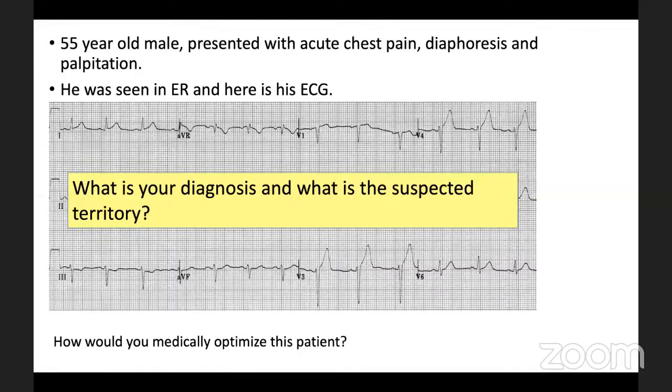Of course, the patient is in the emergency department, then you would optimize the patient as we said, and you will start IV heparin, which is usually unfractionated heparin, and you will load this patient with Plavix to send him to the cath lab. Do you know the loading dose for Plavix? 600.